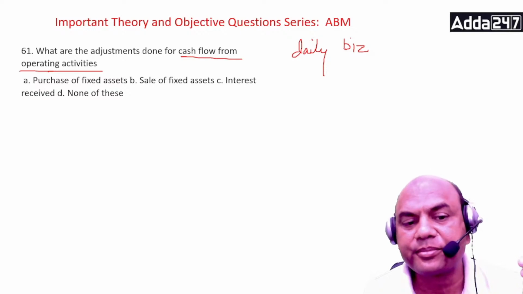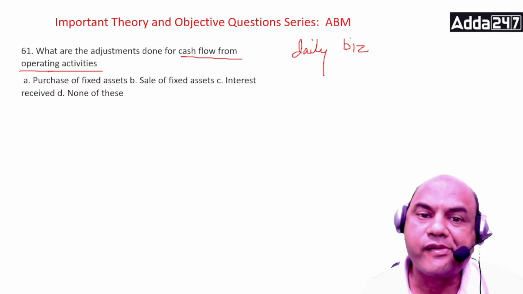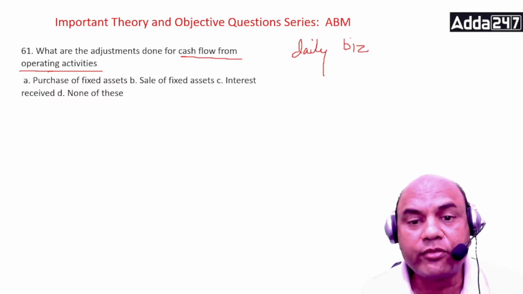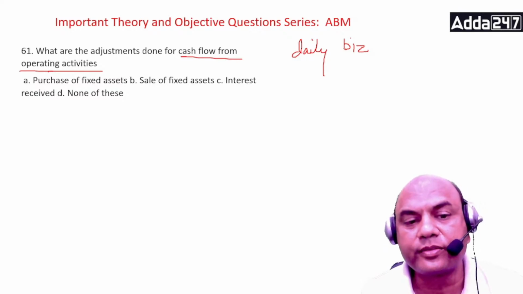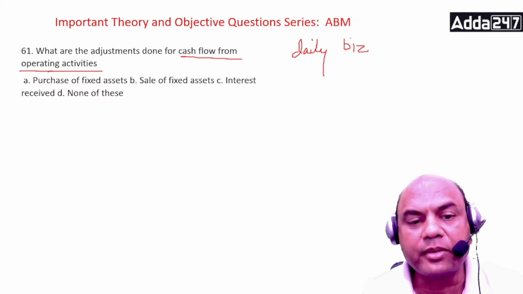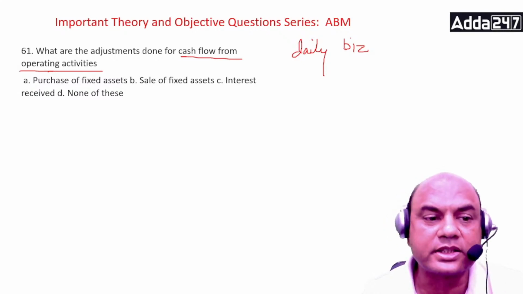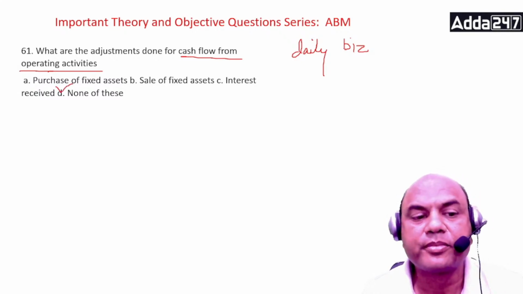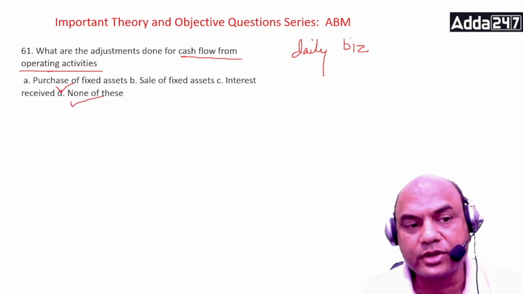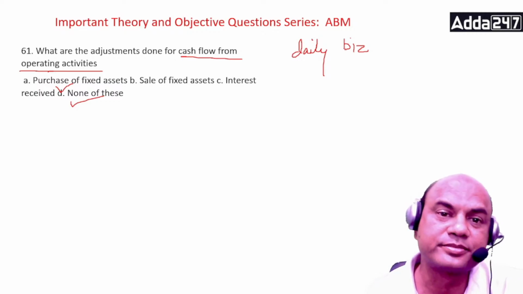Is it that? Everyone will be surprised with this answer now. Some of you have typed C, interest received, because you feel revenue expense. The answer is D, none of these. None of these is the answer, okay?